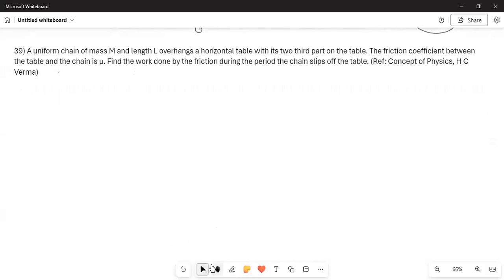It says that once again, there is a uniform chain of mass M and length L overhanging a horizontal table with 2/3 of the part on the table. So the situation is set. Here is a table, and here is a chain.